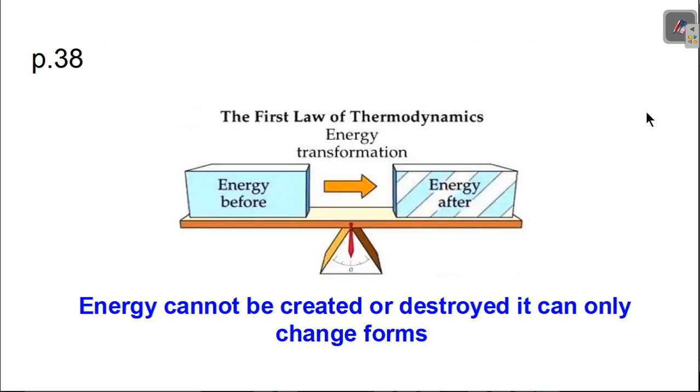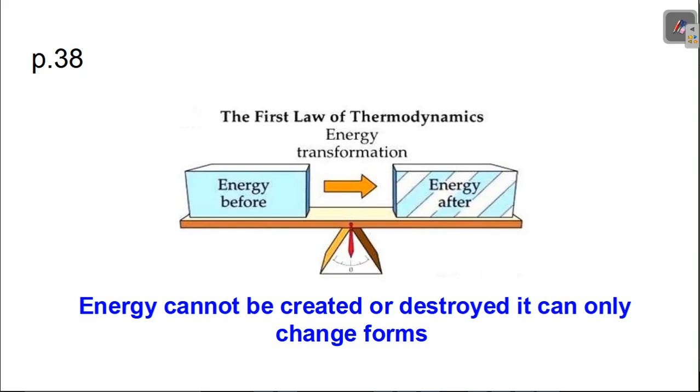Now, the first law of thermodynamics has to do with energy. Energy cannot be created or destroyed. It can only change forms. That's what the law says. And you need to know what the law says. So if I say to you, what does the first law of thermodynamics say? You would have to say, energy cannot be created or destroyed.